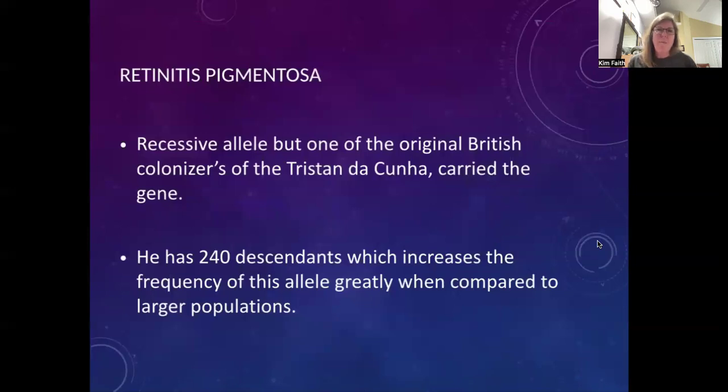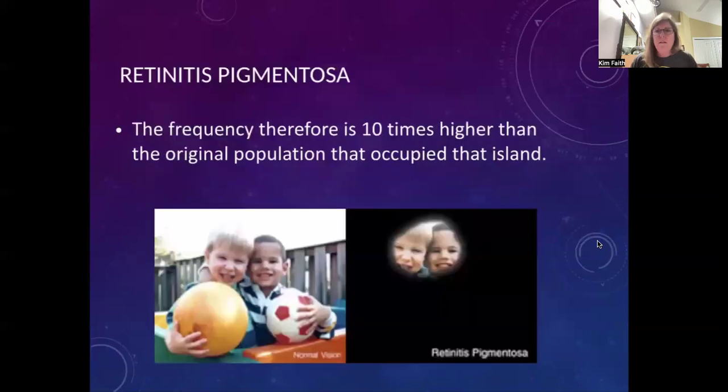And so when we look at the population, the frequency that this gene is represented in this population of people on the island is much higher than, you can say, the rest of the world, right? So that is another example of this particular founder effect. And you can see here, the frequency is 10 times higher than the original population that occupied that island. So before and after he got there, it's a lot higher now.